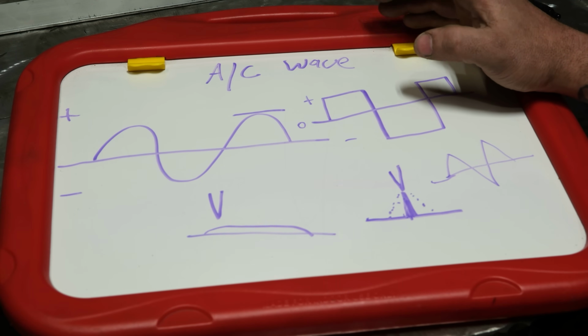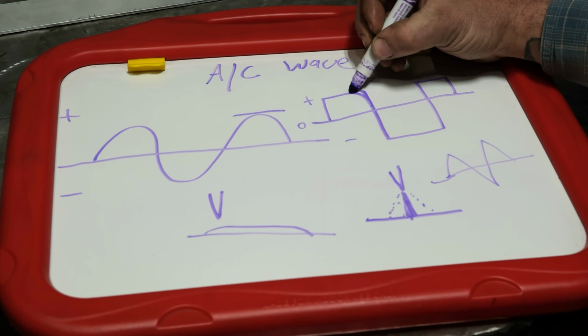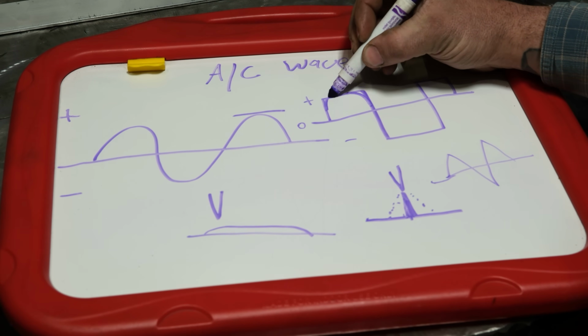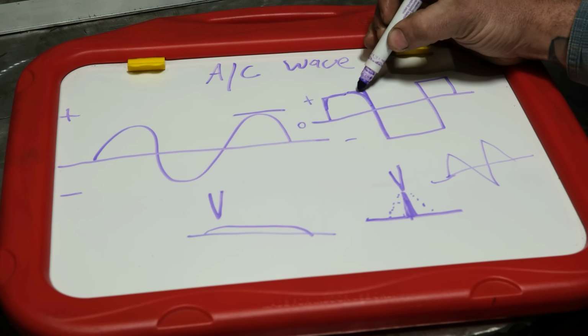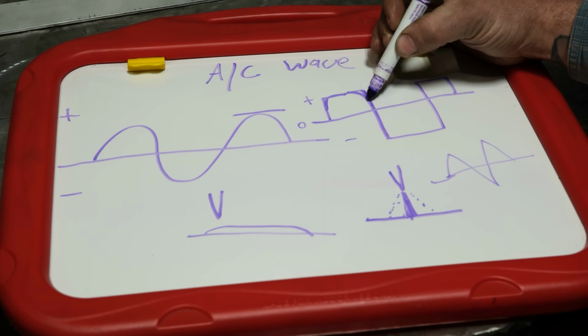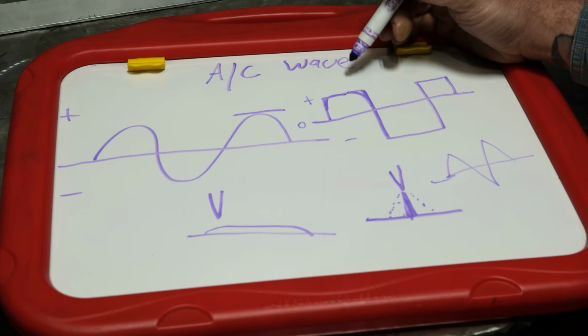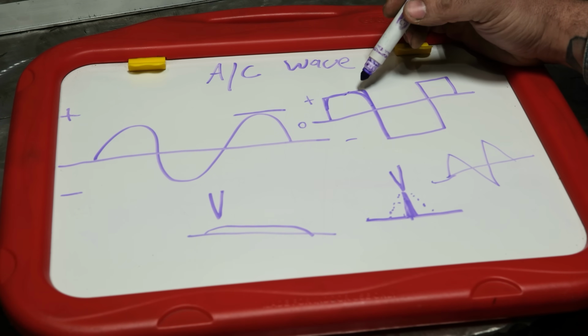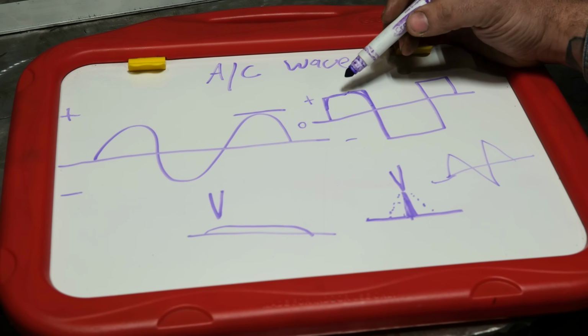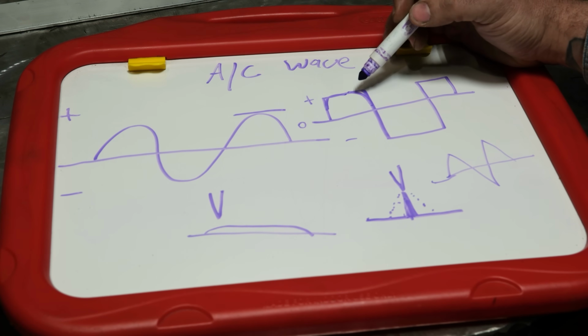Another thing to concern yourself with is noise. A lot of the newer machines can output a modified square wave where it tapers the edge of the wave to where it's not so abrupt and it's a lot quieter. A lot of people don't like the sound of AC TIG because it's that super high pitched, annoying sound.